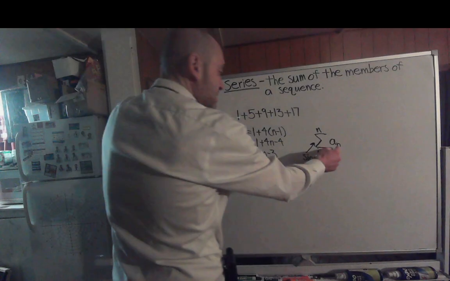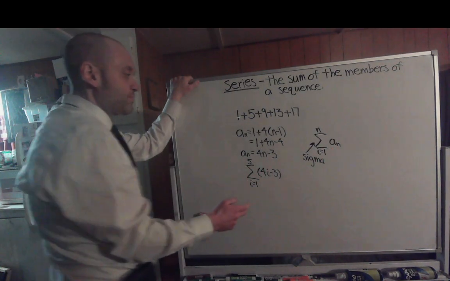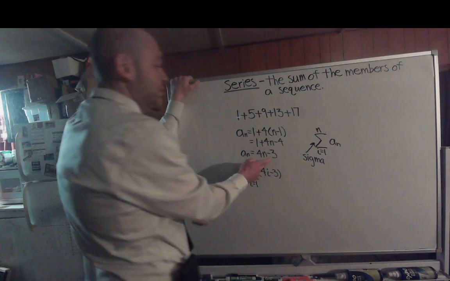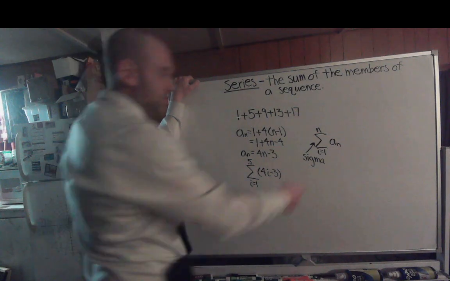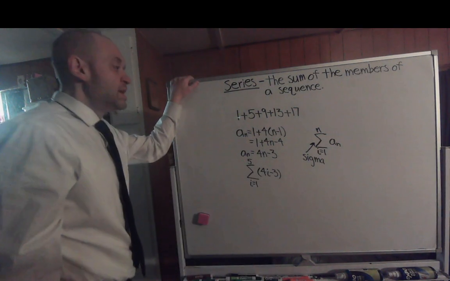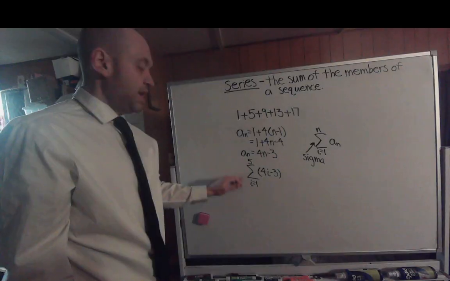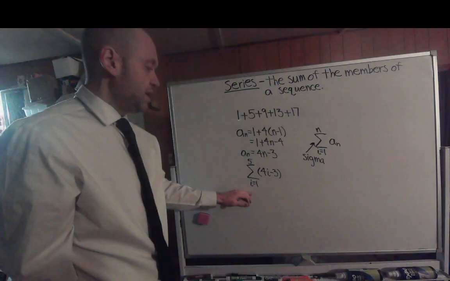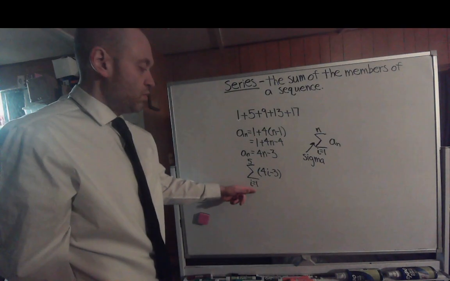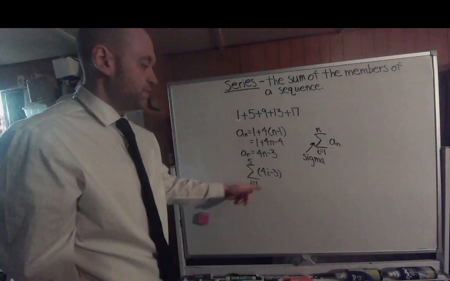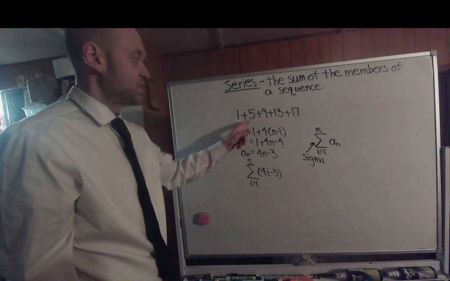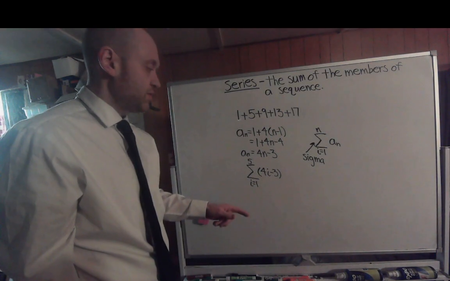And then your a sub n is going to be your formula for your sequence. That goes into your series. So in this case, you would have the sum from i equals 1, your initial value of what you're putting into the function, to 5, which is your upper limit of summation, since we're adding 5 terms together.